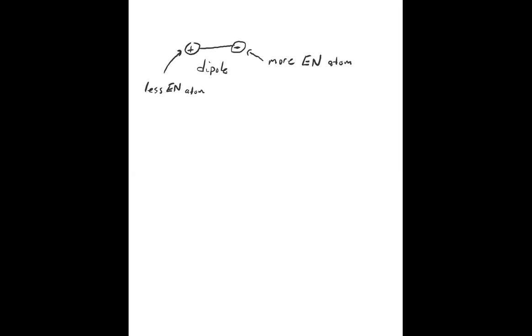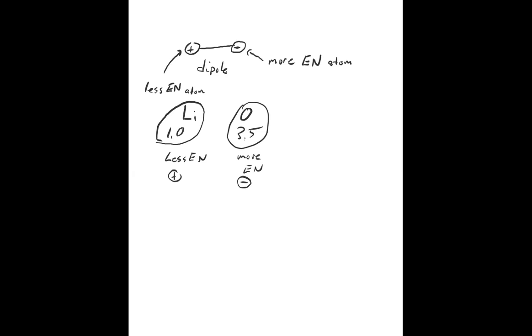So if we were to have lithium and oxygen, I'm sorry, 1.0 and 3.5, right? Now that's going to be ionic, right? The one that's less electronegative, that one's going to be positive. And the one that's more electronegative, that one's going to be negative.